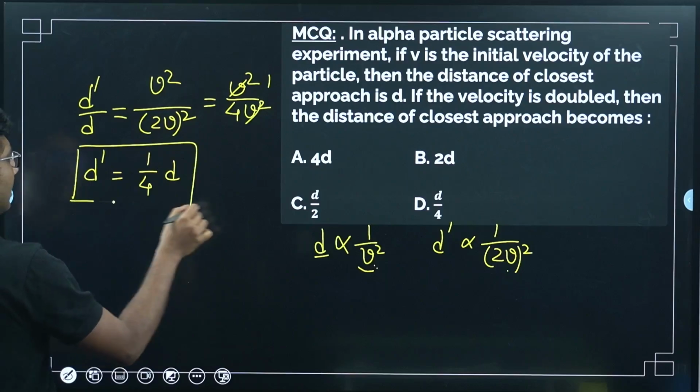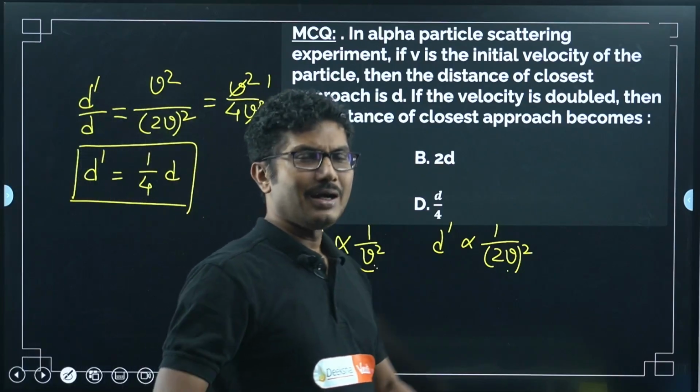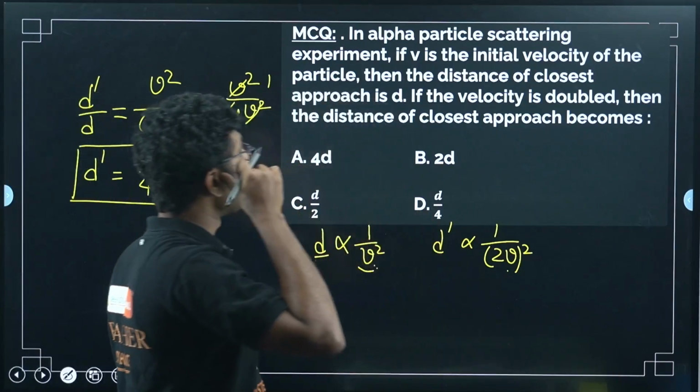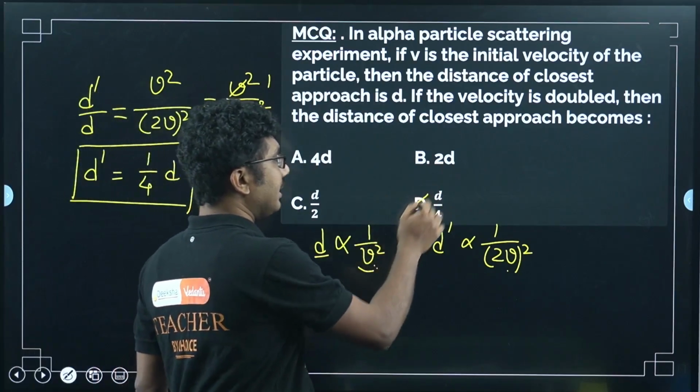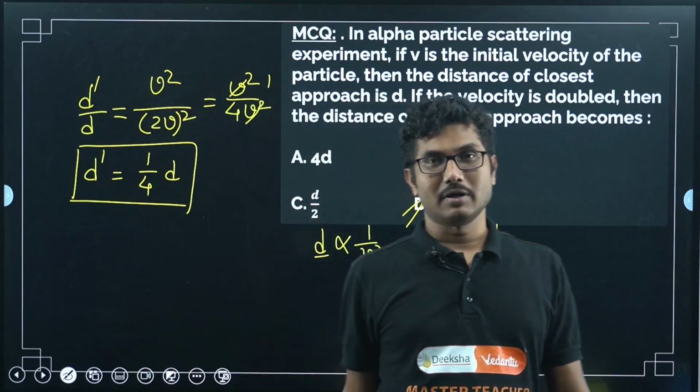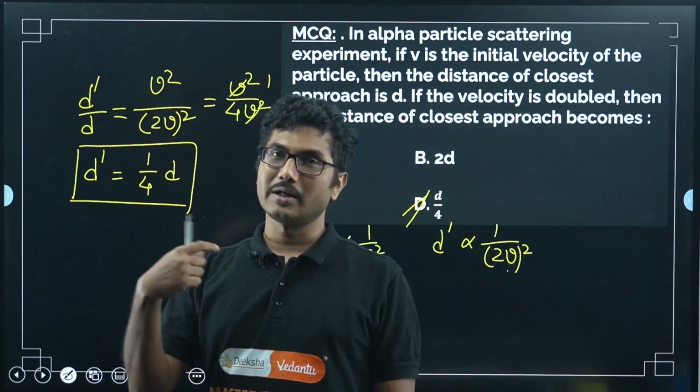So as you increase the velocity, the distance of closest approach is reduced by the square of that factor.